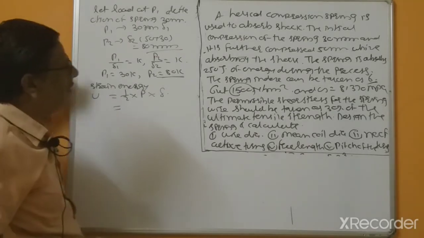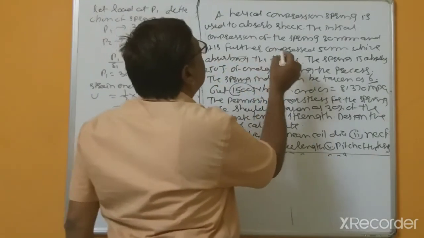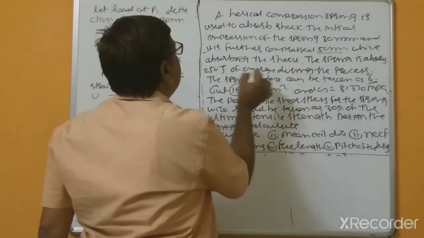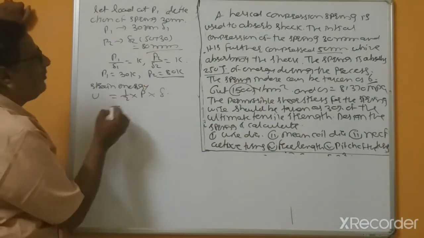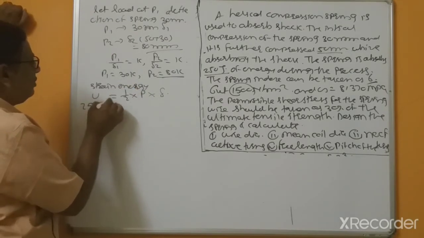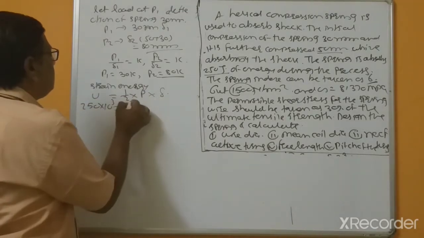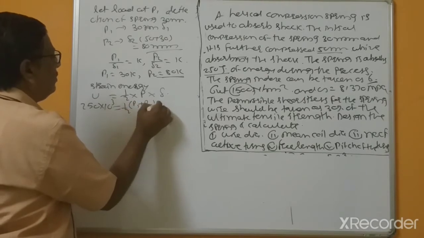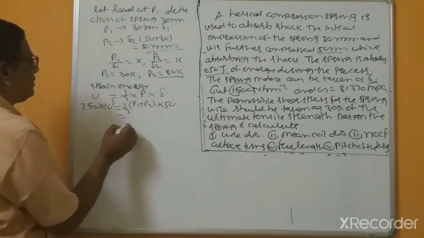So here the spring is further compressed 50 mm while absorbing the shock. This is the energy given, for 50 mm. So that's 250 joule, so 10 to the power 3 times half, because this is P. Now this is the sum of P1 plus P2, and this is equal to 50 mm.